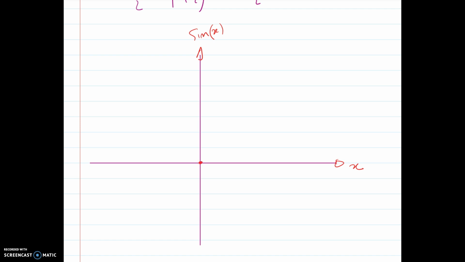When x equals pi over 2, let's define that this distance right here corresponds to pi over 2. I know that I'm supposed to be at 1, so that will be equal to 1.